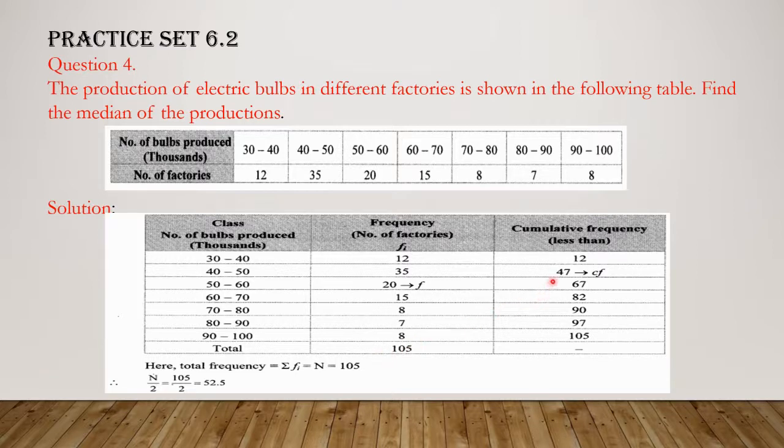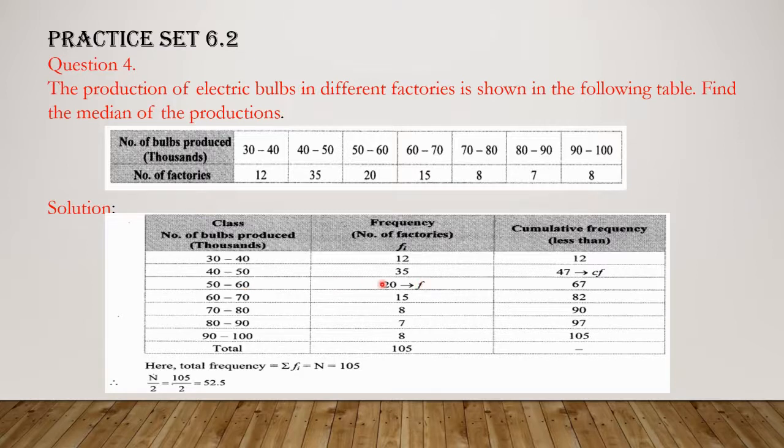In the third column, the cumulative frequency just greater than 52.5 is 67. Therefore, the corresponding class 50 to 60 is the median class, and the frequency of the median class, F, is equal to 20.